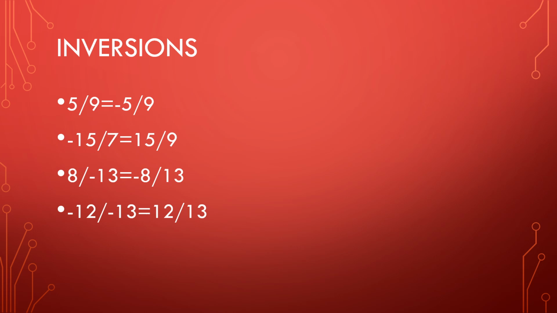And if the denominator is negative and the numerator is positive, then the numerator would be negative and the denominator would be positive when we reciprocal it. And if both of them are negative, then afterwards when we reciprocal, both of them will be positive.